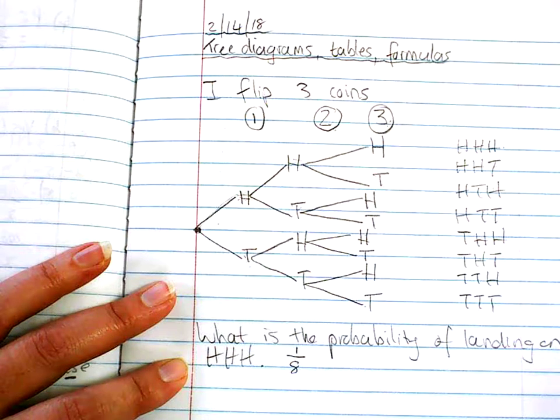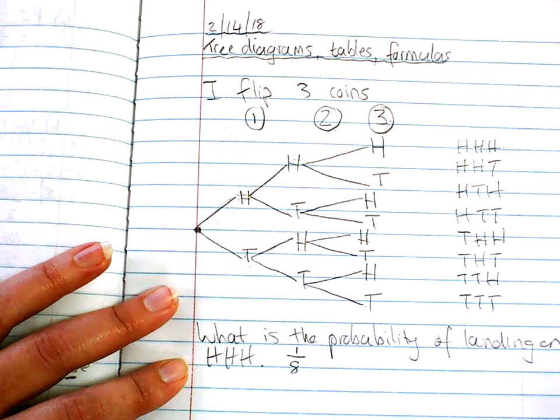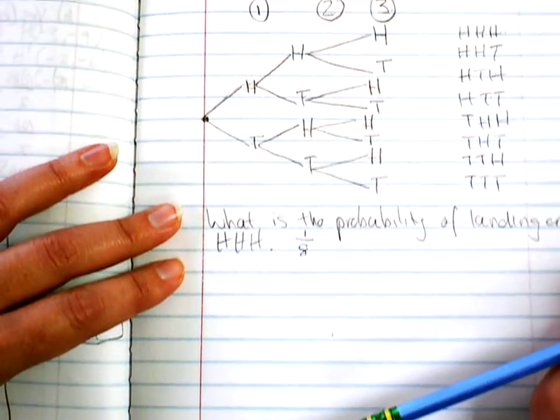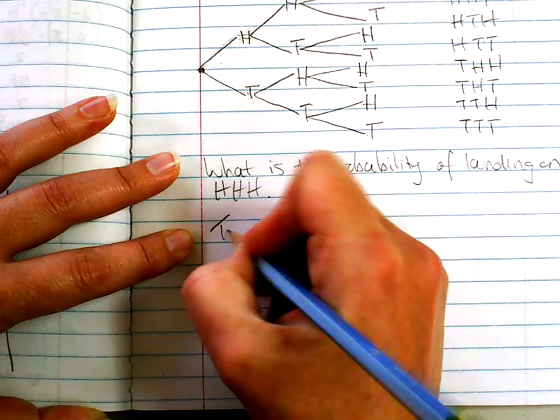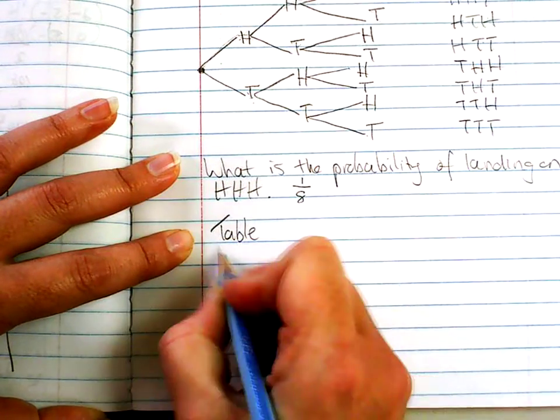We could also do a table, for example. That's a tree diagram. We can also do a table. Okay.